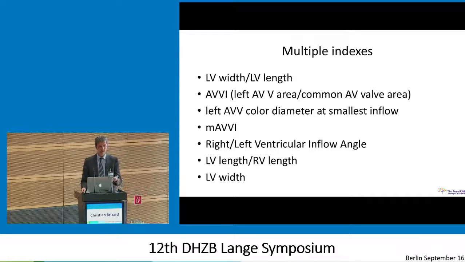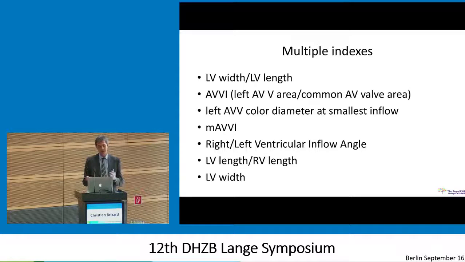You will see a left ventricular width to left ventricular length ratio. The common AV valve index, that is the surface area of the left AV valve compared to the common AV valve, and so on. Then the right ventricle to left ventricular inflow angle, the left ventricular length compared to the right ventricular length, and the left ventricular width.